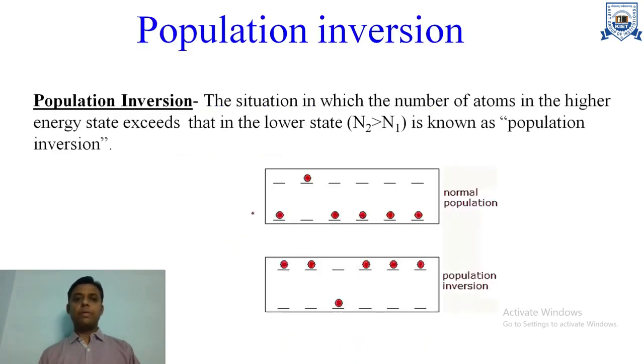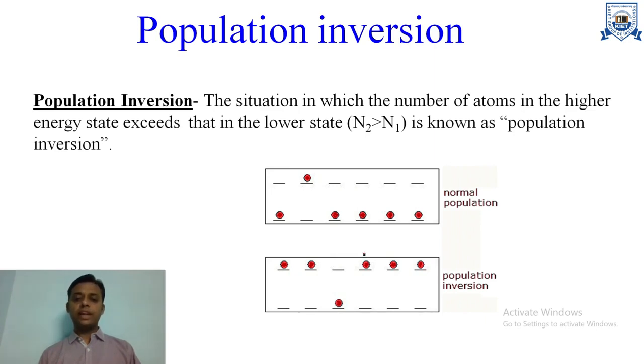Now, population inversion. First see this diagram and let us assume that N1 is the number of atoms in the ground state and N2 is the number of atoms in the excited state. If N1 is greater than N2, there is more chance for absorption to take place.